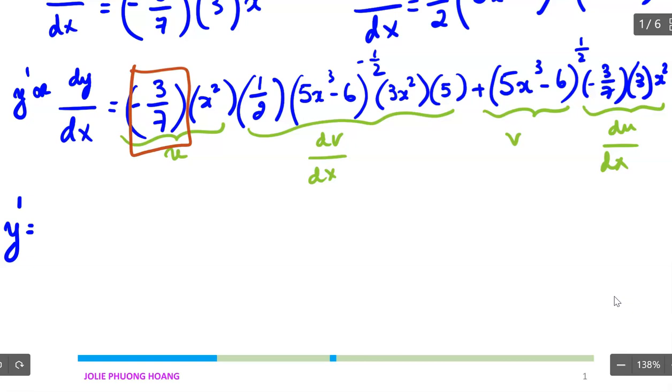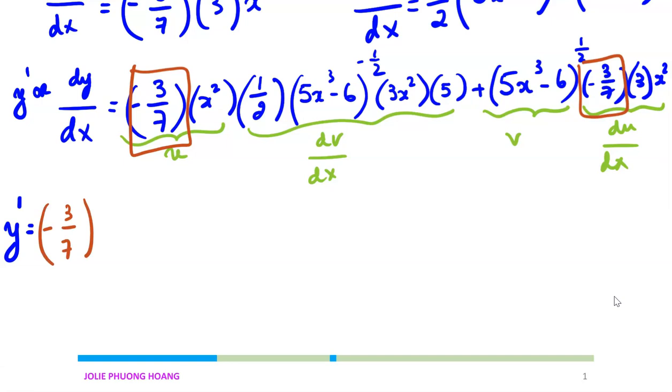First of all, this 2. Then I will have negative 3 over 7 outside the brackets already. Now the next one I am going to circle for everyone is the 3x squared.